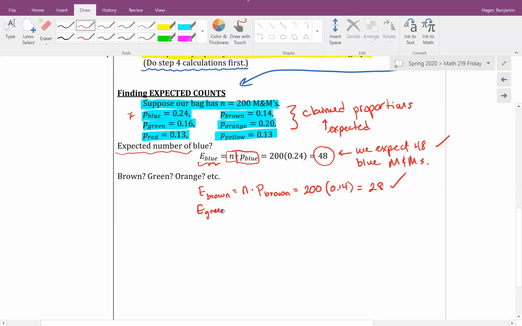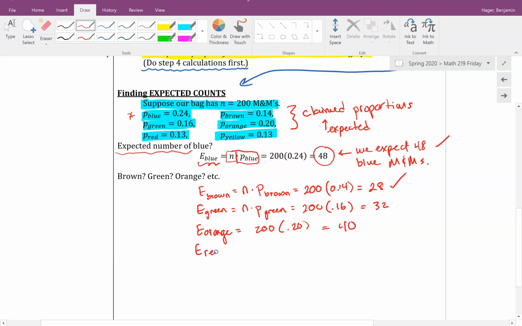Green would be N times the proportion that are green. So 200 M&Ms we're looking at, and 16% are supposed to be green. That's 32 of them. Orange would be 200 M&Ms times the percentage that should be orange, so that would be 40.